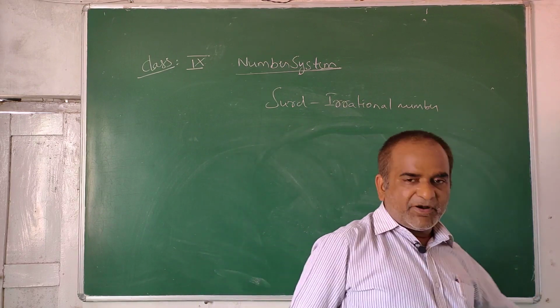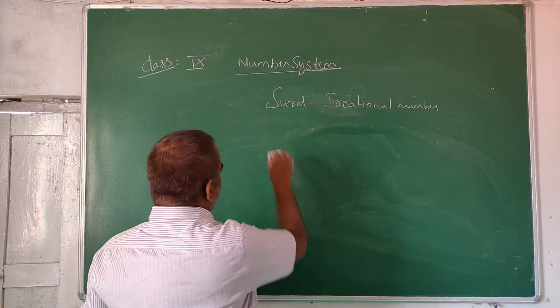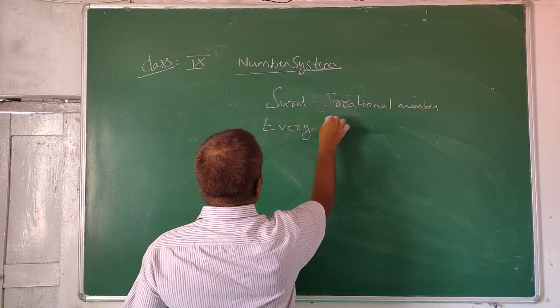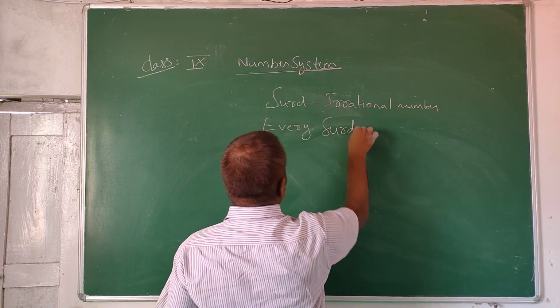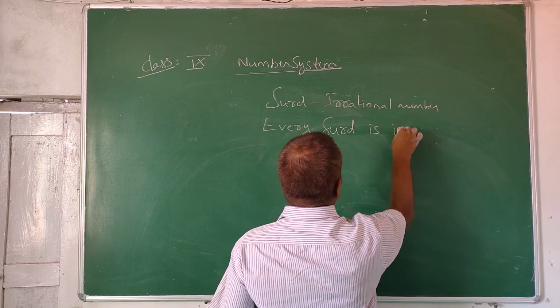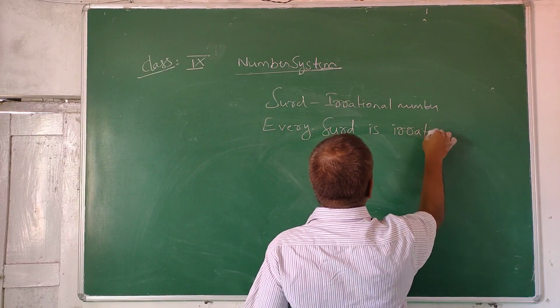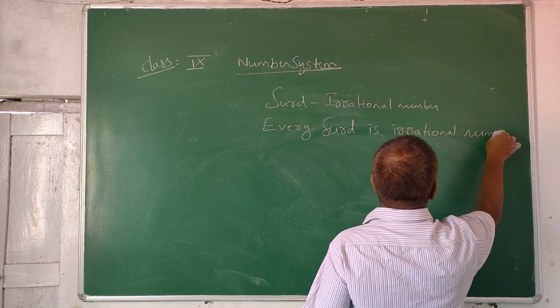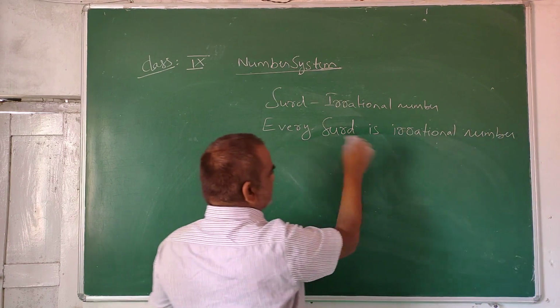See here, one important point is every surd is an irrational number, but not vice versa.